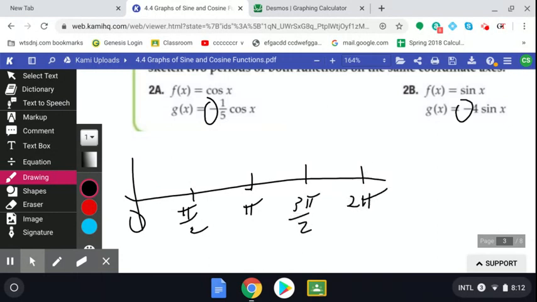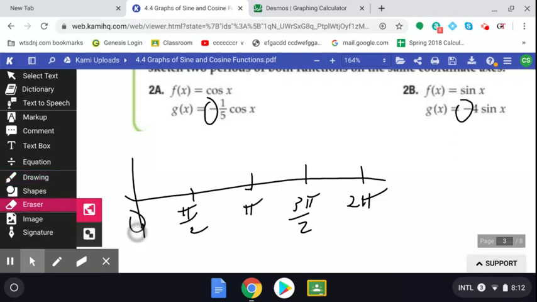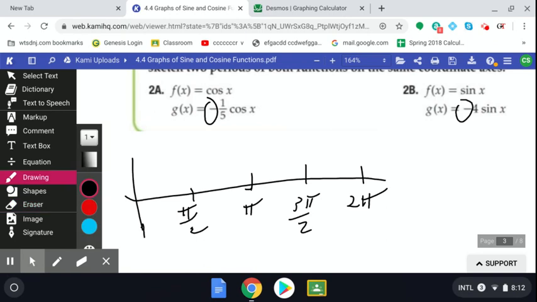Okay, so at 0, cosine x would be 1, but in this case, because it's being transformed and the amplitude is negative 1/5, we're going to start at negative 1/5. So this would be negative 1/5, and this would be positive 1/5. So my amplitude is 1/5. Cosine 0 is going to be negative 1/5, then 0, then 1/5, then 0, then negative 1/5. So we have a full period there. So it's going to look like that.